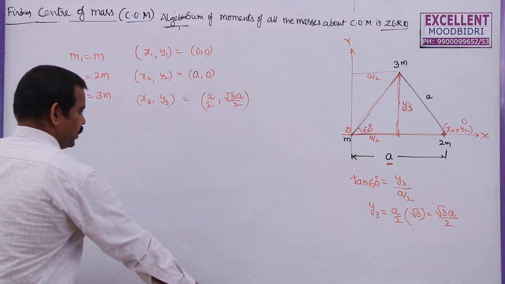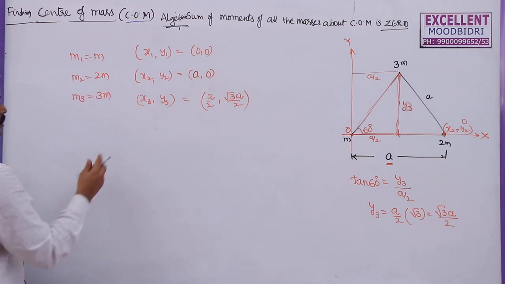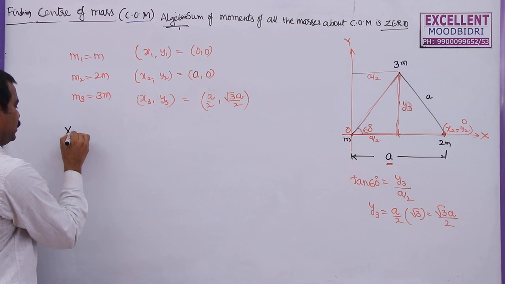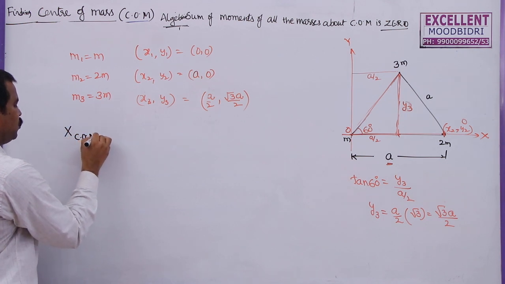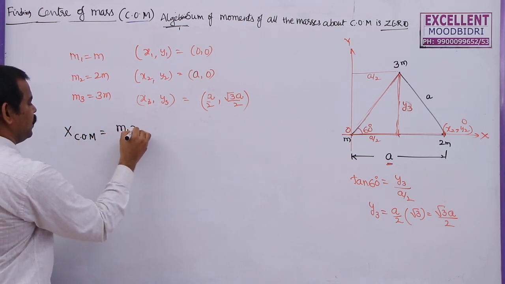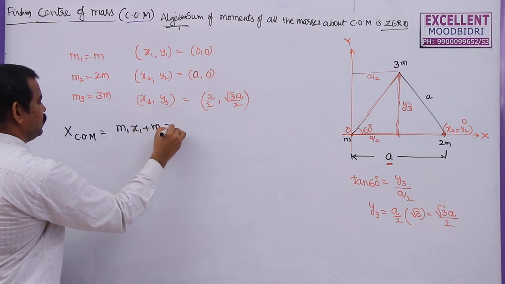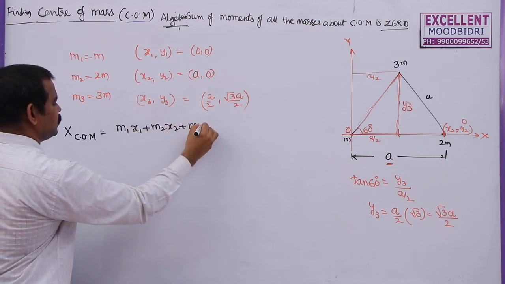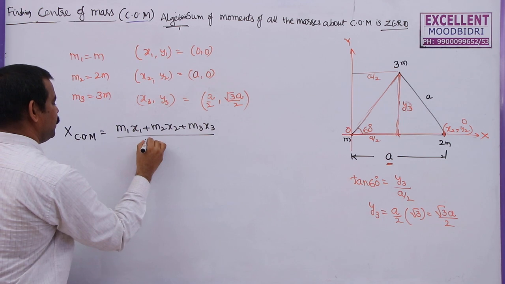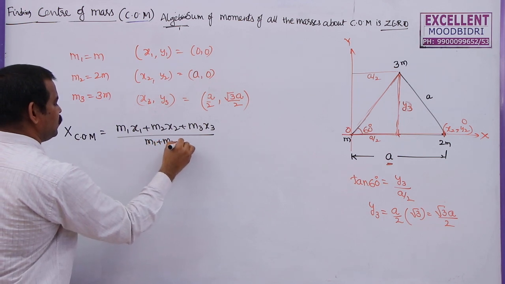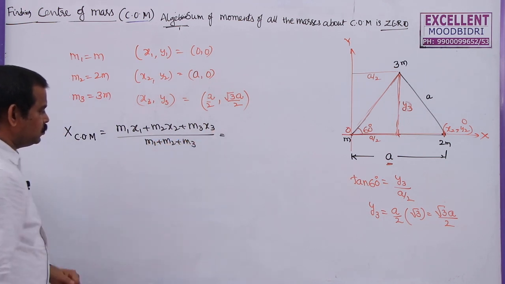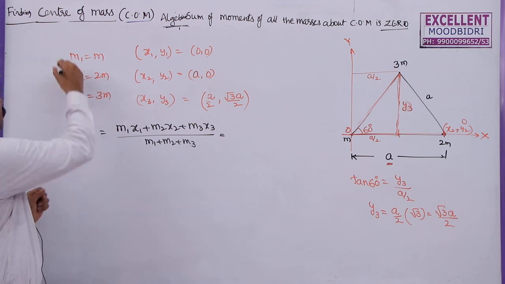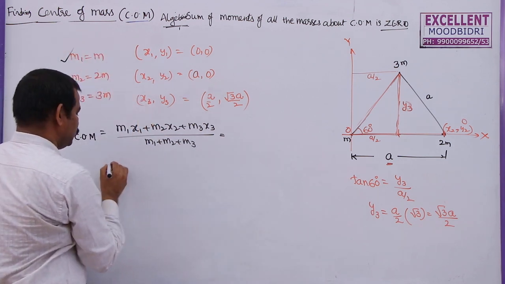Now the expression to find the center of mass here is, as we have two coordinates, we will get the x coordinate of center of mass, which is given by m1 x1 plus m2 x2 plus m3 x3 by m1 plus m2 plus m3. So what is m1? m1 is equal to m. Now let me substitute the values.